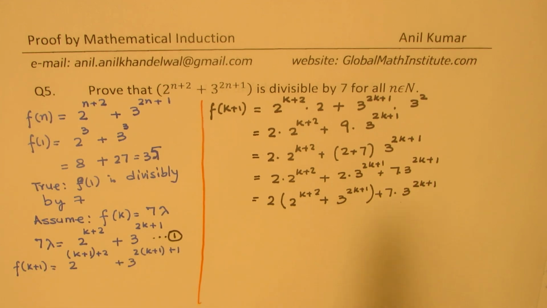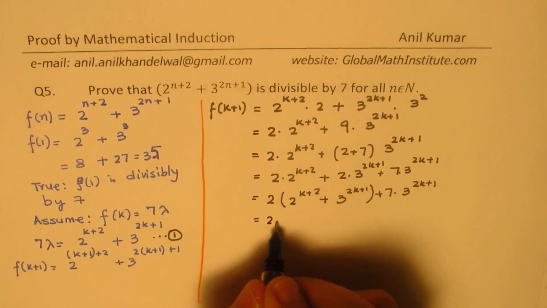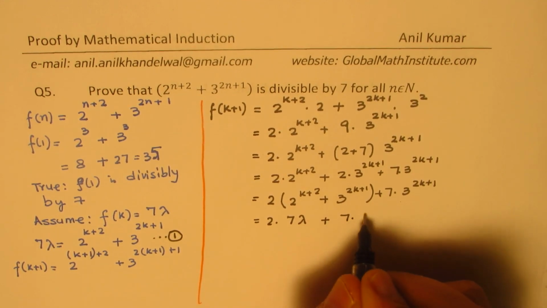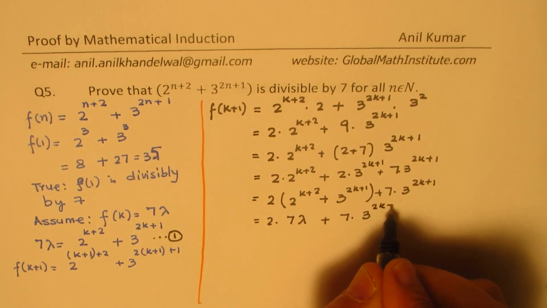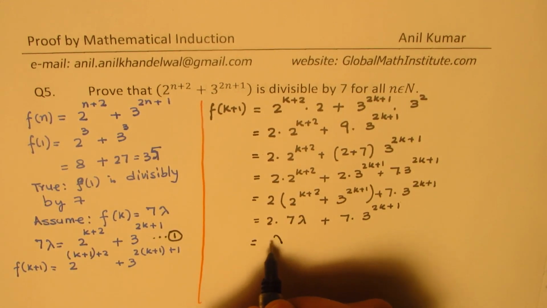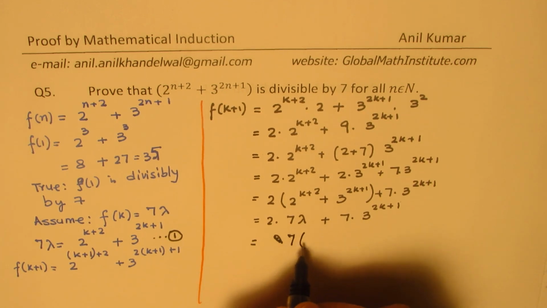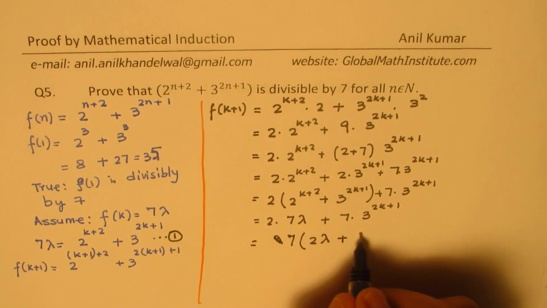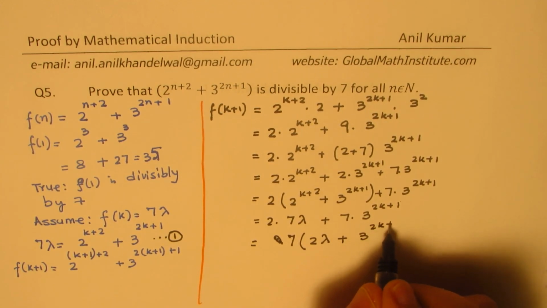So it's a multiple of 7. So we can write this as 2 times 7 lambda plus 7 times 3 to the power of 2k plus 1. So now 7 is a common factor, right? So let me write 7 common. We get 2 lambda plus 3 to the power of 2k plus 1.